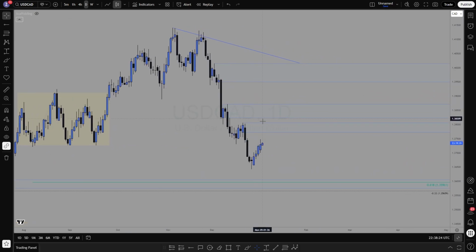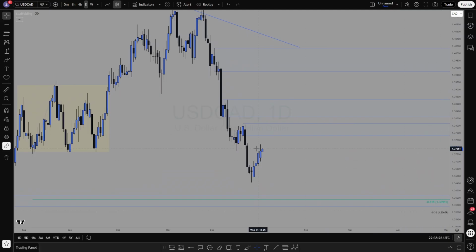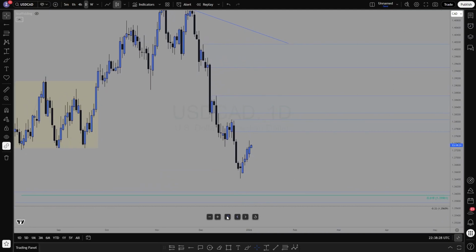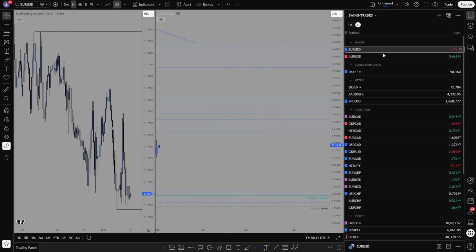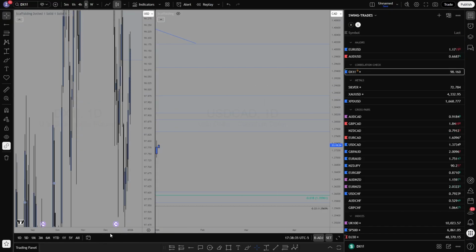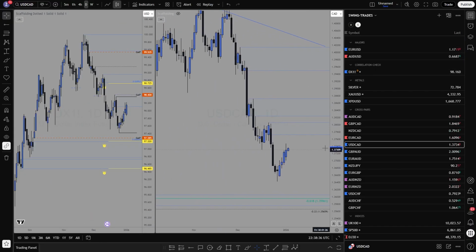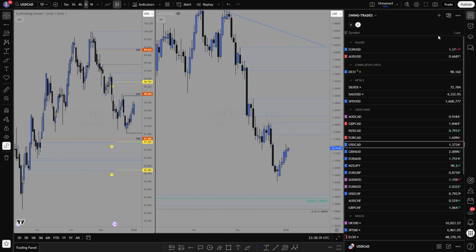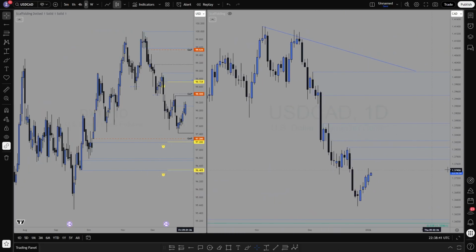On the daily, you've got multiple supply levels. This somewhat aligns with the DXY. So if we take a split screen view of the DXY on the daily, the dollar index is on the left hand side, and USD-CAD on the right hand side.